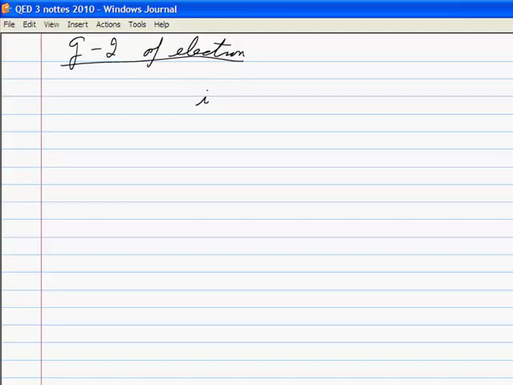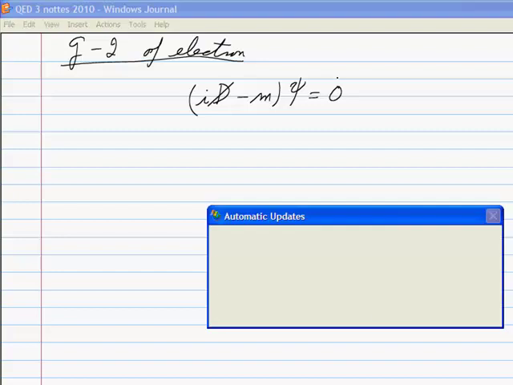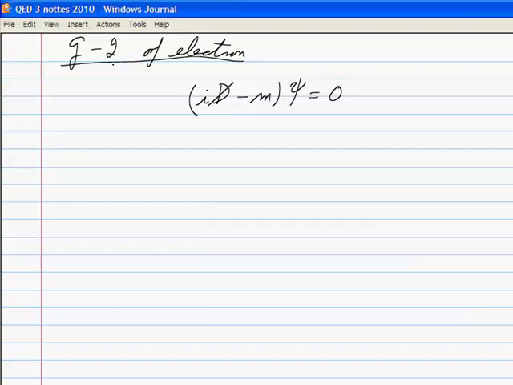Let's start with the Dirac equation. We have (i d-slash minus m) psi is equal to 0. Since that's equal to 0, if I multiply it by (i d-slash plus m), it's still equal to 0.